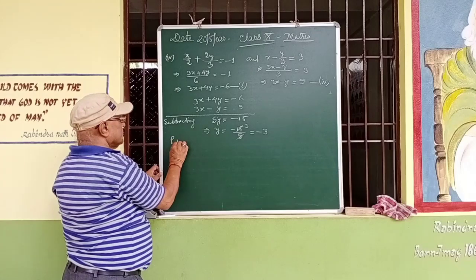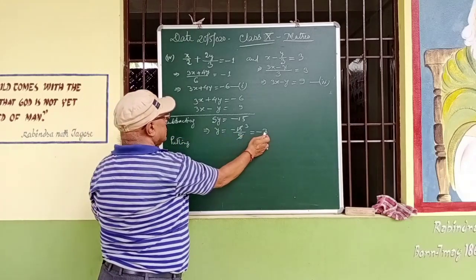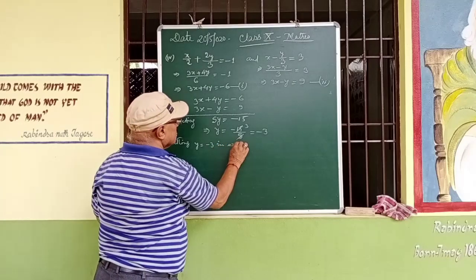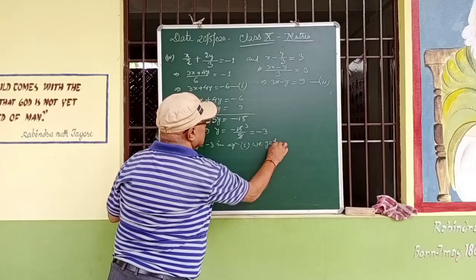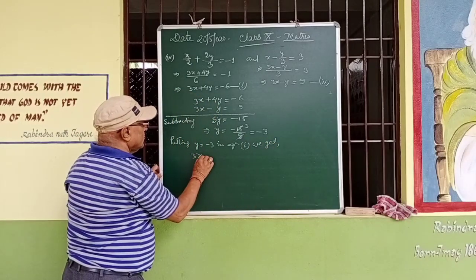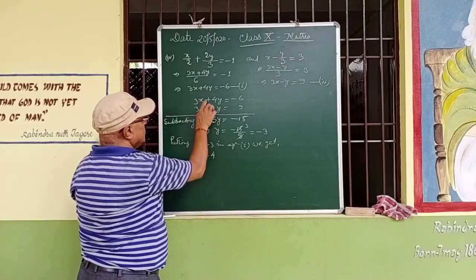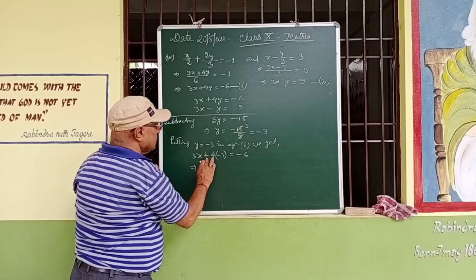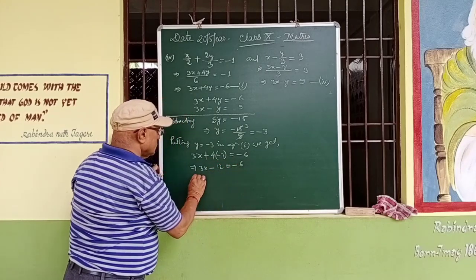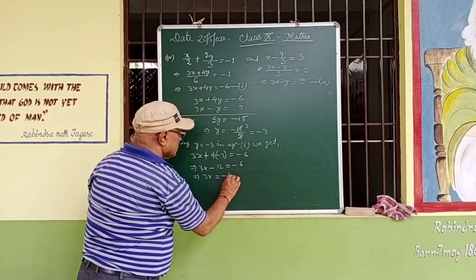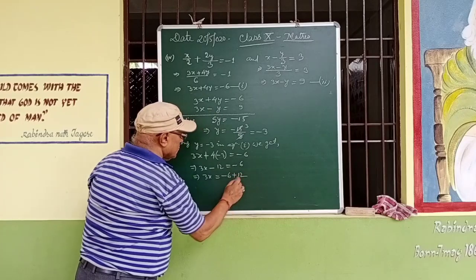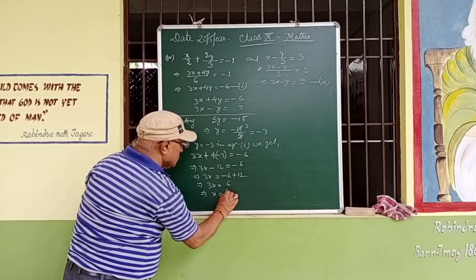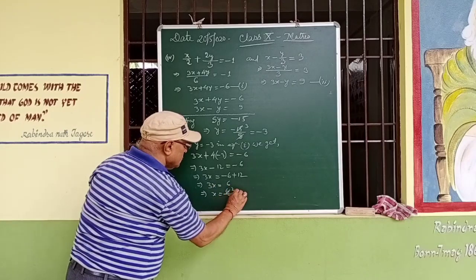Now putting the value of y, minus 3, in equation 1, putting y is equal to minus 3 in equation 1, we get 3x plus 4 into y, y is minus 3, is equal to minus 6, or 3x minus 12 is equal to minus 6, or 3x is equal to minus 6, this minus 12 that side it will be plus, 3x is equal to 12 minus 6 is 6, or x is equal to 6 by 3 is equal to 2.